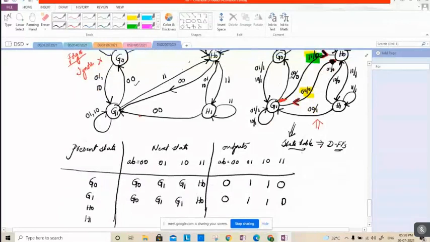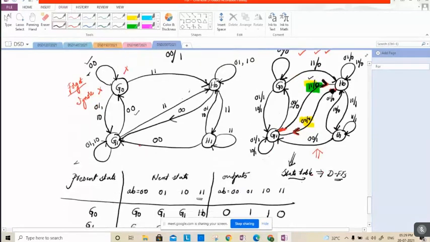No, present state is G1. Whenever it is 11, what is my next state? Next state is H0. Output is 0. Just now I have made it 0.